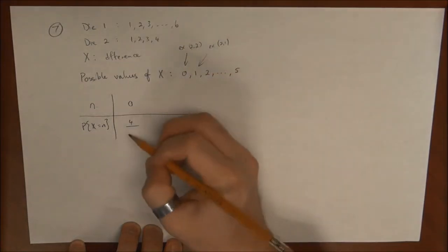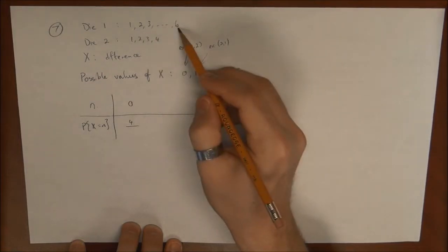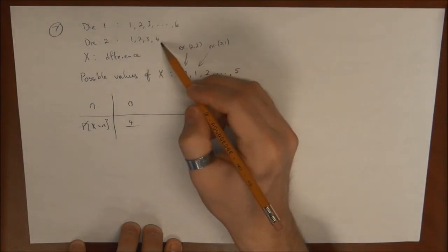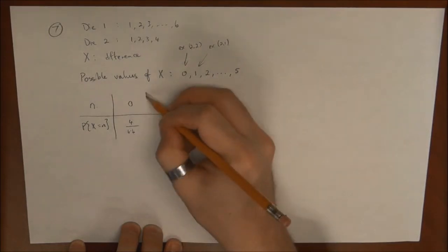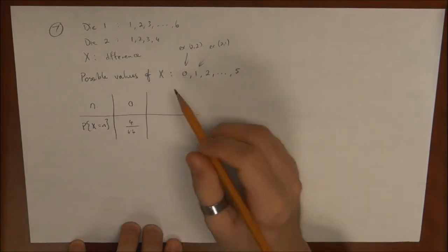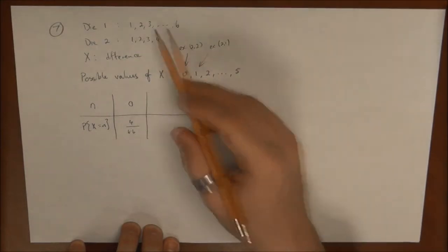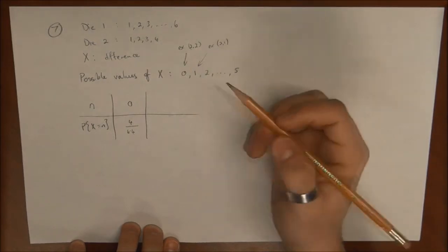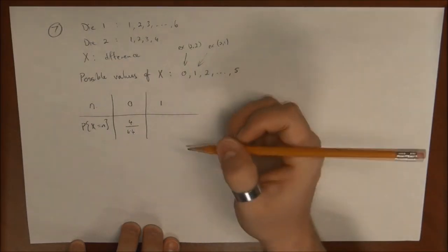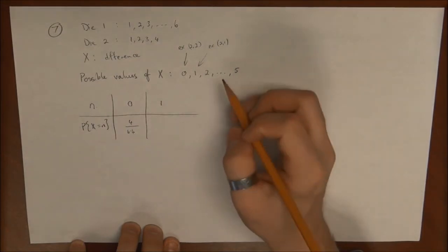So 4 out of a possible, how many? 6 possibilities for the first one, 4 possible numbers for the second, so 6 times 4, or 24. So in this case, it might be simpler to just list all the possible pairs of dice values that I can get and count them. Not to overthink dice problems like this.